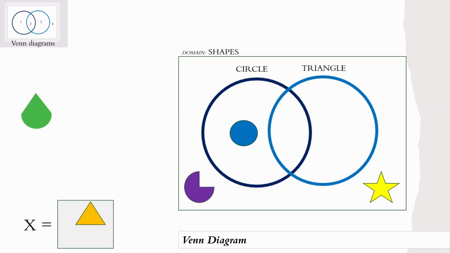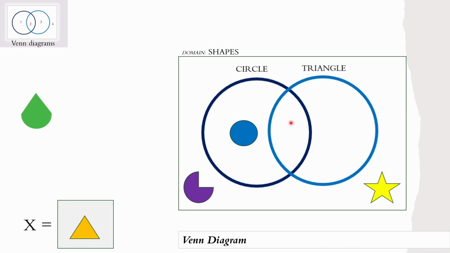All right, so now we have our little three-sided shape here, three sides, three vertices, internal angles add up to 180. So this is the type of shape that belongs in the triangle circle here. And what we want to do is decide, does it go into region 2 or region 3?